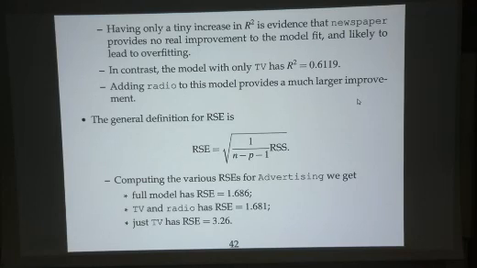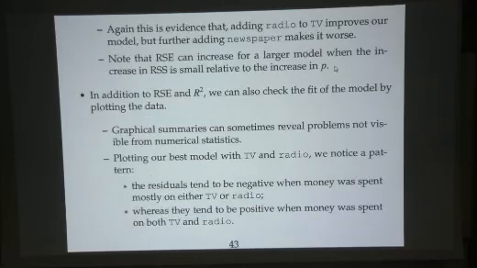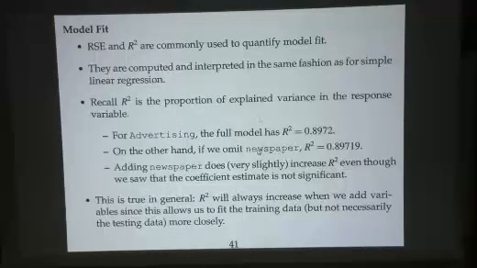In contrast, the model with only TV has R square 0.6119. So suppose you fit the simple linear regression model with TV, then R square is 0.6119. You compare that with the one where we have TV and radio, so you omit the newspaper, and that's 0.89719, which is close to 0.9.